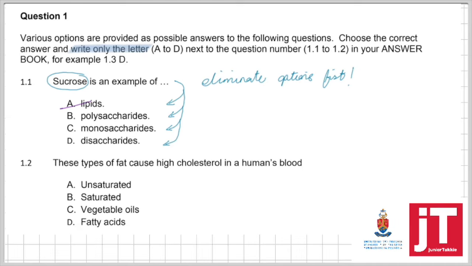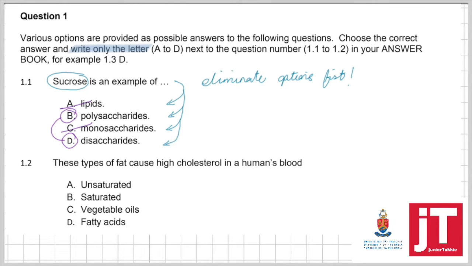Now this actually tests our knowledge of sucrose. What is sucrose here? Is it a single sugar, in other words, a monomer? No, definitely not one of those. Is it a polysaccharide or a disaccharide? So these are our two more complex sugars. Now we need to differentiate between these two. So sucrose is a combination of two glucose molecules.